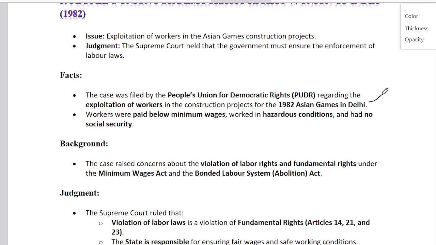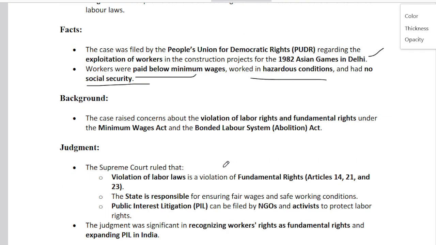Workers were paid below minimum wages, worked in hazardous conditions, and had no social security. The background of the case raised concern about the violation of labor rights and fundamental rights under the Minimum Wages Act, the Bonded Labour System Abolition Act and so on.